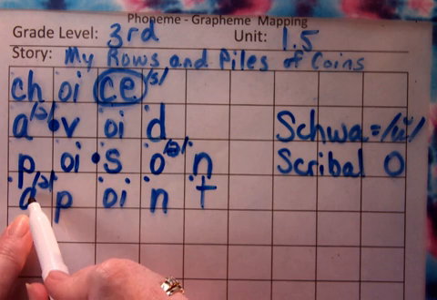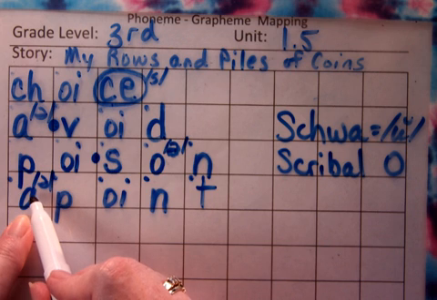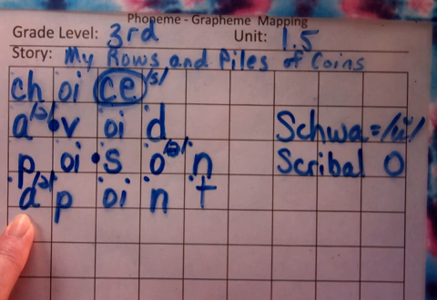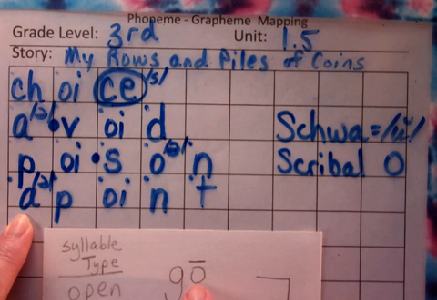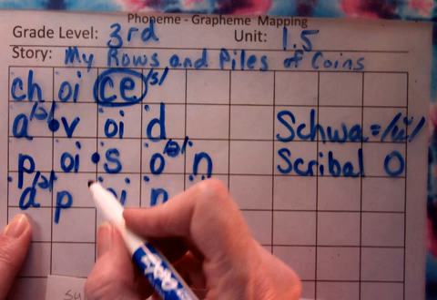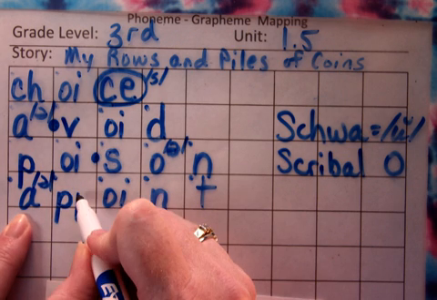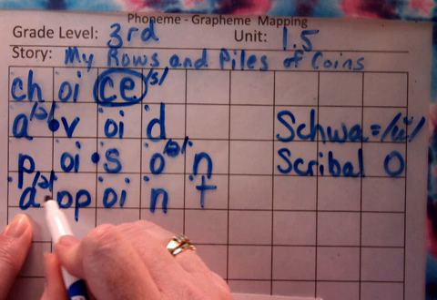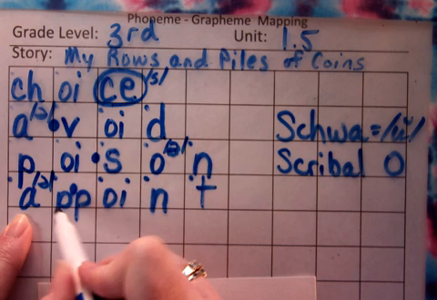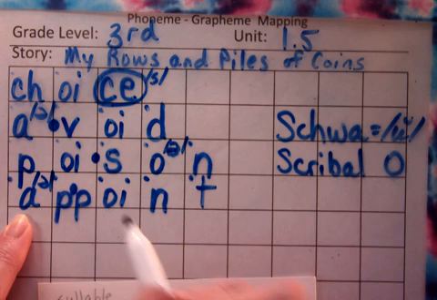But to make sure that this is not a long A sound, because it would be an open syllable. Remember, an open syllable is a vowel at the end of the syllable, and it would make a long sound. So to make sure that this is not a long A, we double the middle consonant, which would be the consonant right after that A. The syllable break is right here between the P's. So now AP is part of the syllable.